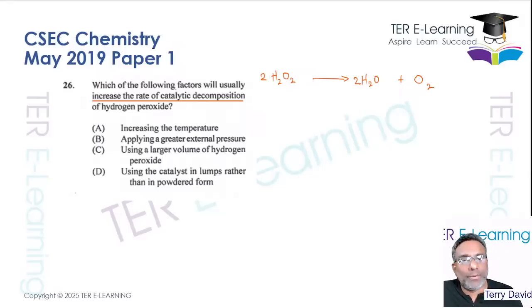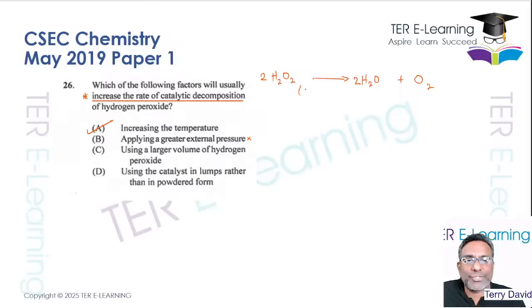Okay, so with questions like this, you need to read it carefully, right? We want to increase the rate of reaction. So how could you increase the rate of reaction? Increasing the temperature, yeah, that should technically work. Applying external pressure? No, you won't apply pressure here because that only applies to gases.